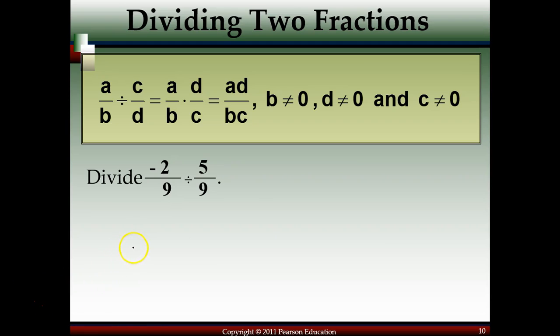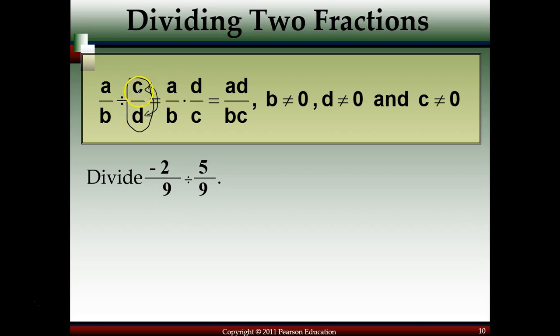Now, dividing two fractions is very similar to multiplying. The only thing is you have one step beforehand. Whenever you divide two expressions, this second expression, or fraction in this case, you do the reciprocal. So what you're doing is you're multiplying the reciprocal, meaning interchange these values right here.